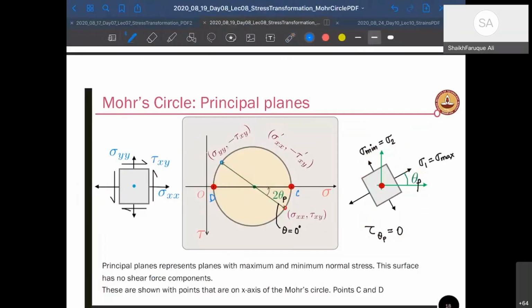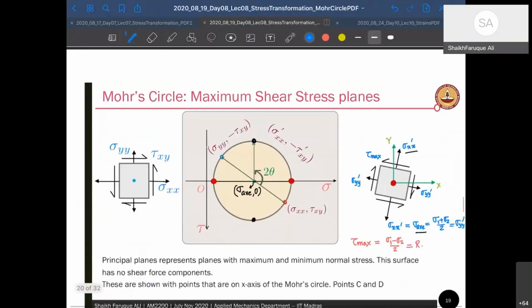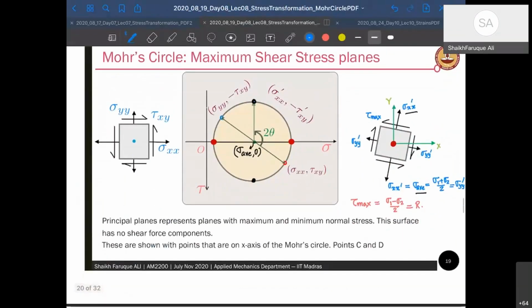So this plane C, and this plane D. Okay. Now, how do you find maximum shear stress? Of course, you know how to find it. This is going to be the top point here and bottom point here, right? And they are just the radius of the circle.